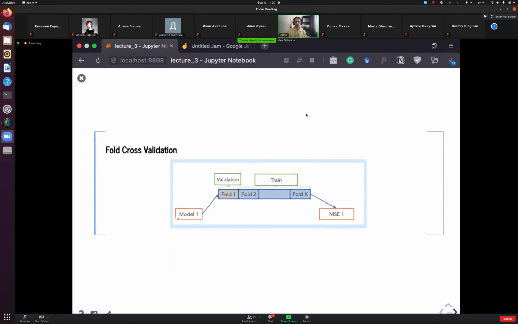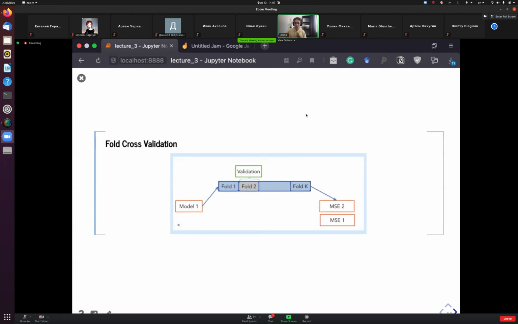For example, we start from the first fold. We remove it from the training data because we say this will be our validation. We train on the folds from the second to the last one and evaluate the model on the first fold. And we obtain mean squared error on the first fold and call it MSE1.